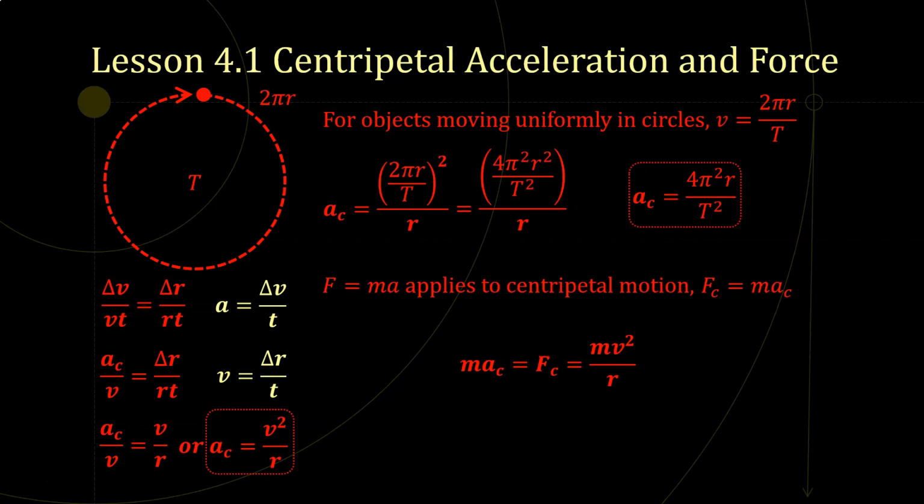And instead of v squared over r, to calculate the centripetal force, I just have to multiply by mass: m v squared over r. And the same is true for my other equation using the period. If I plug in m into the numerator of that equation, I can calculate the centripetal force.